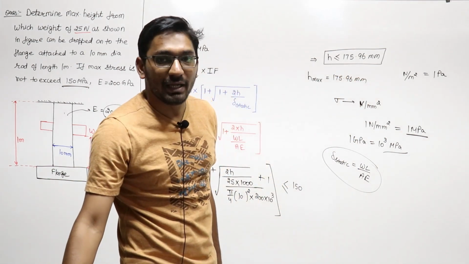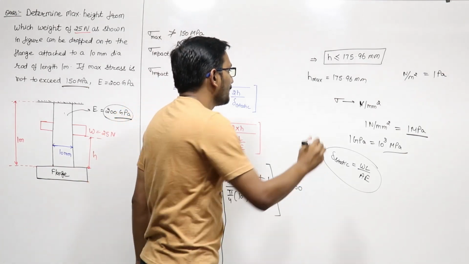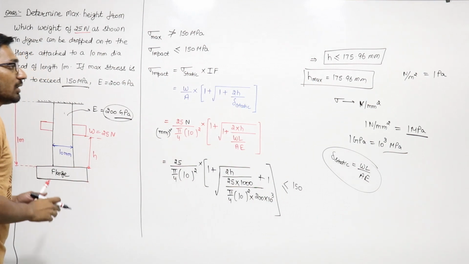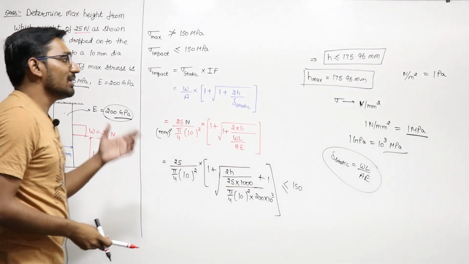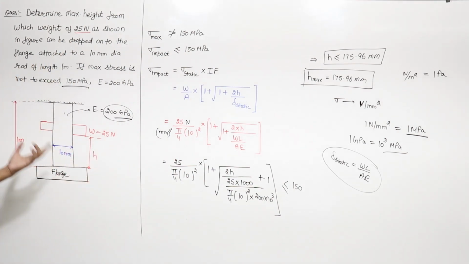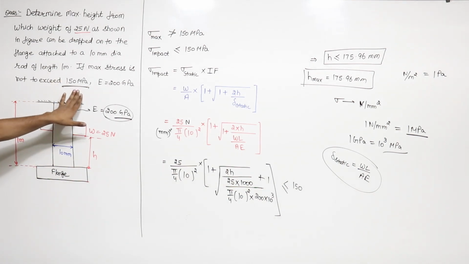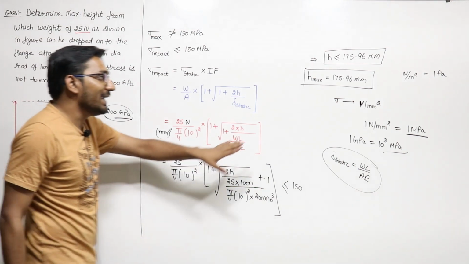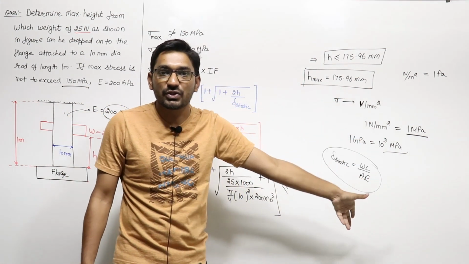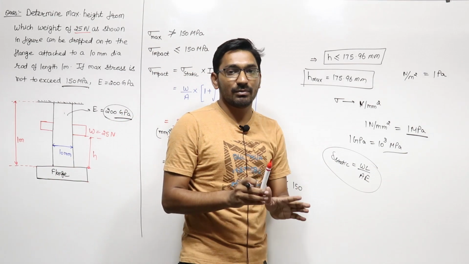So if the height is less than 175.96 mm, then the impact stress induced in this bar or in this flange should be less than 150 megapascal. And at a height of 175.96 mm, the maximum stress induced will be 150 megapascal.